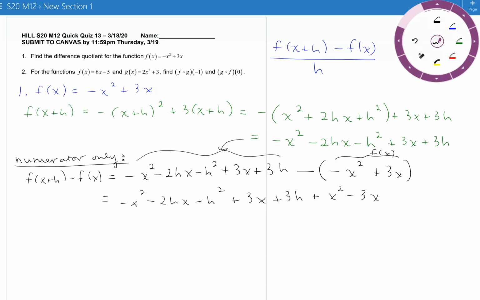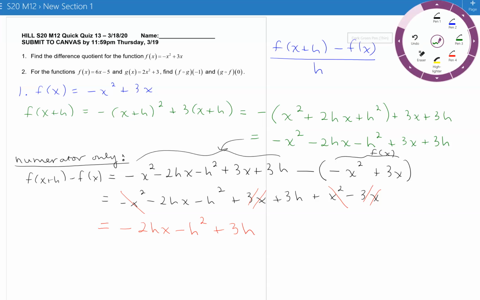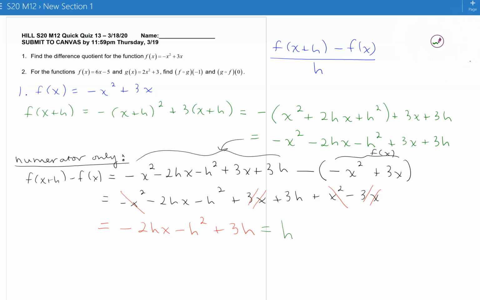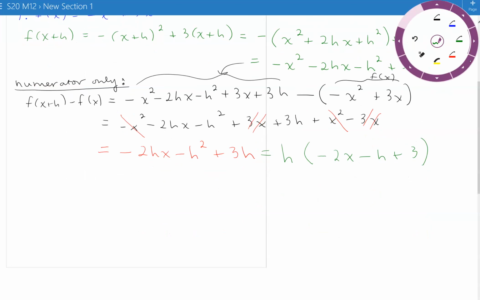Okay, so I'm seeing that the negative x squared and x squared cancel, 3x and negative 3x. So I'm left with negative 2hx minus h squared plus 3h. I noticed that all of these terms have a factor of an h, so I'm going to factor that out, because the next step is to form the difference quotient.